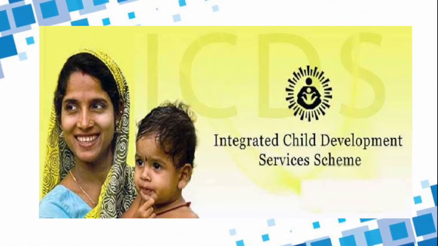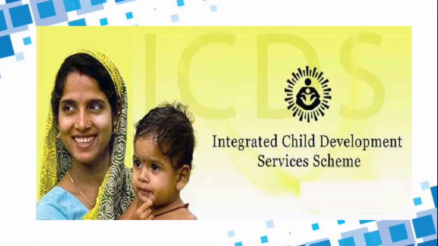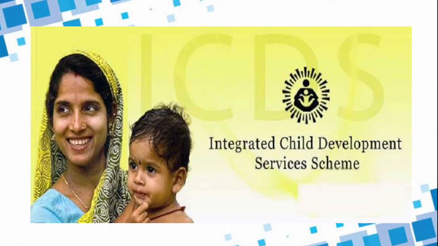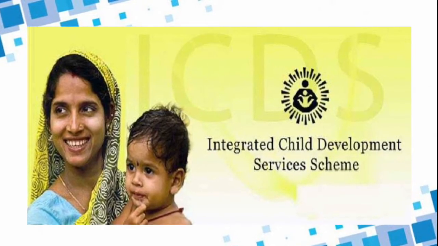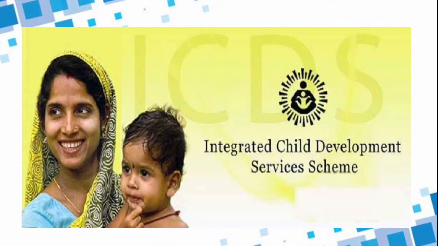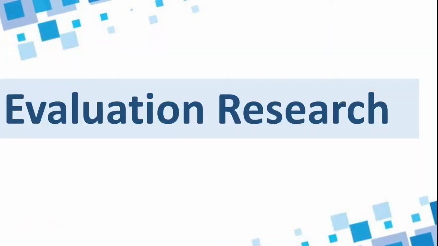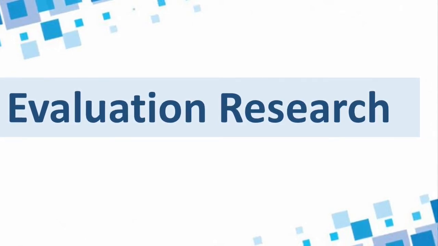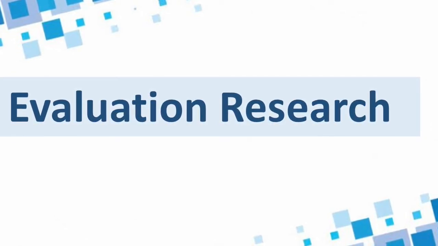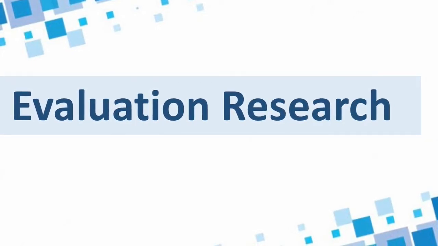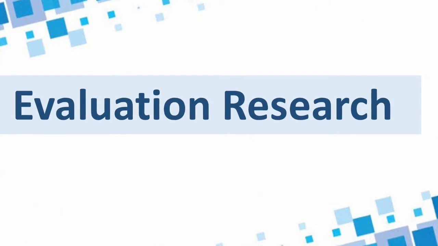For example, Sharma carried out an evaluation study on the effectiveness of the Anganwadi scheme for children in selected villages. Right? For this program, we are doing evaluation research. Now, evaluation research is of two types: formative evaluation and summative evaluation. Formative evaluation refers to the assessment of the process of an ongoing program.